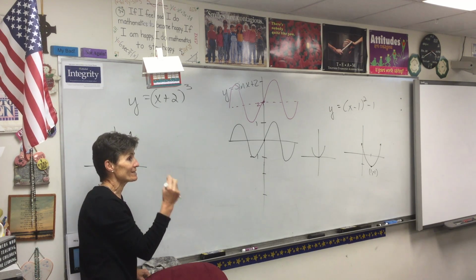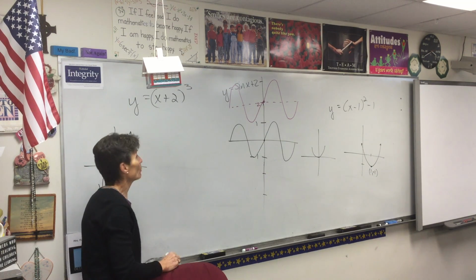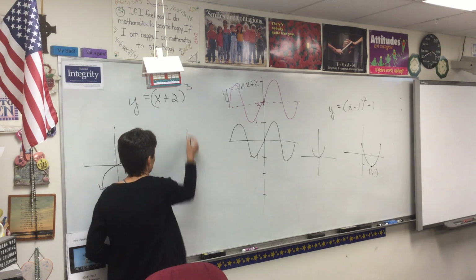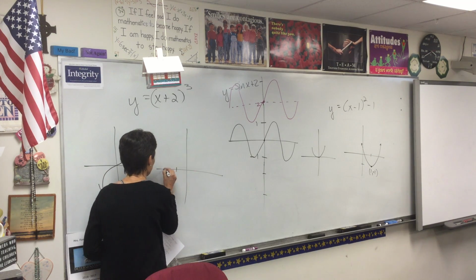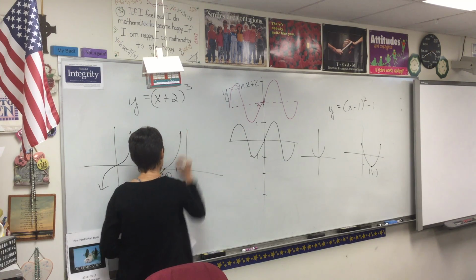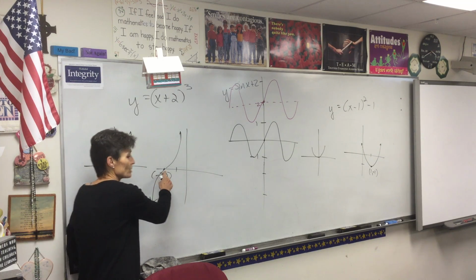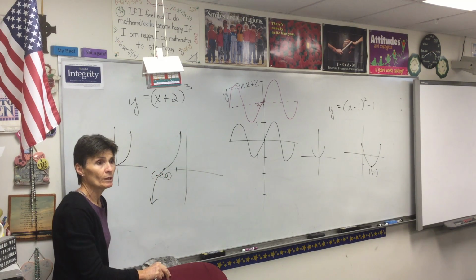That 2 is inside the parentheses. That's a shift this way. So we have gone left 2. So I'm going to plot that point, left 2, and then I'm going to squiggle through that. So instead of squiggling through the origin, I'm squiggling through negative 2, 0.